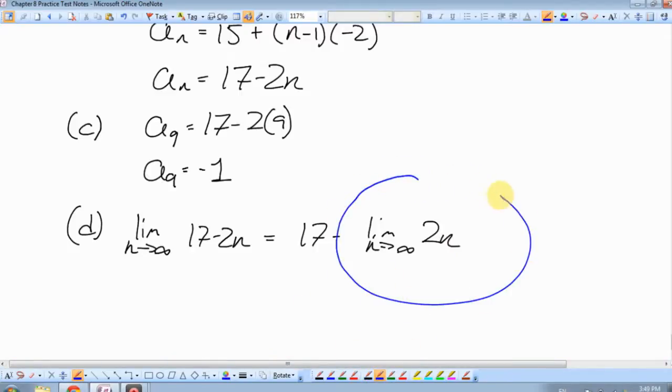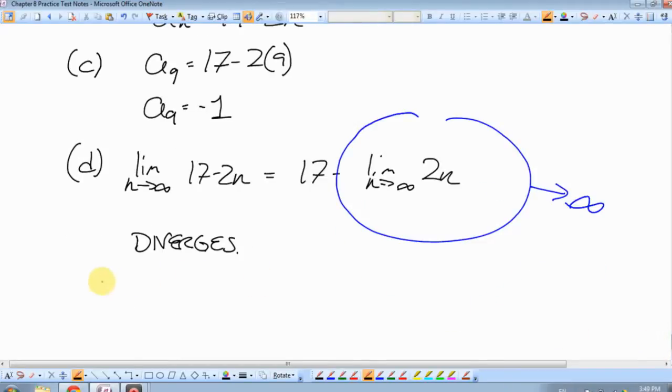This right here goes to infinity. 17 minus a number that goes to infinity? Diverges. It approaches negative infinity. Because infinity keeps getting bigger and bigger, so 17 minus a bigger number gets smaller.